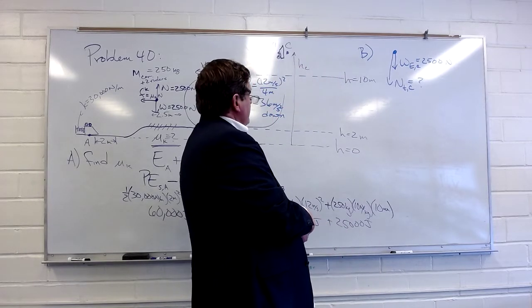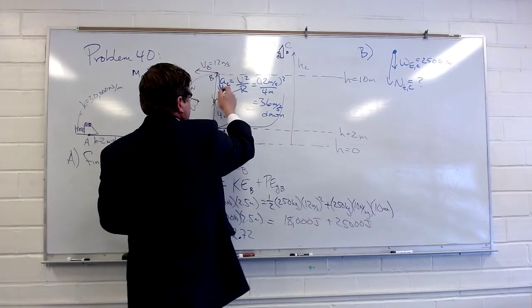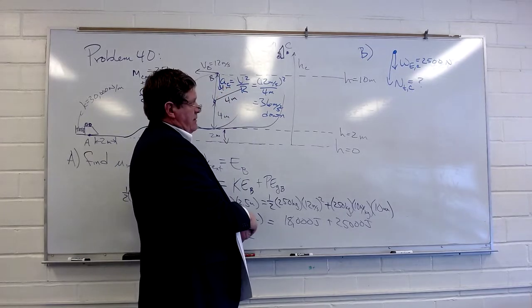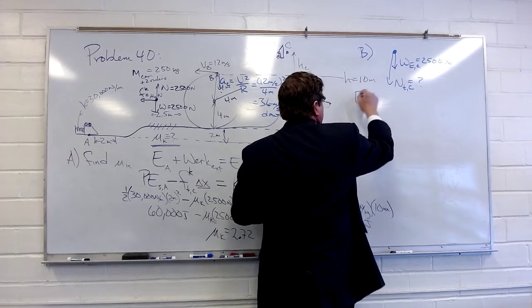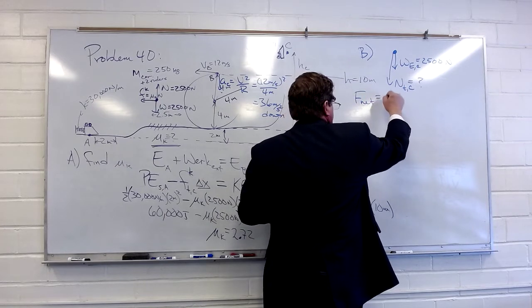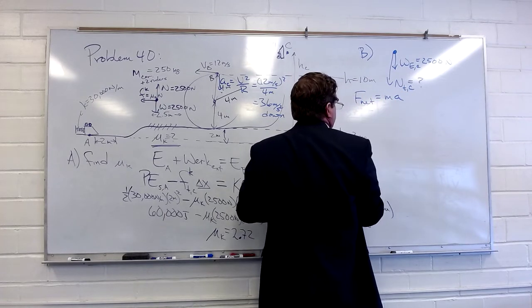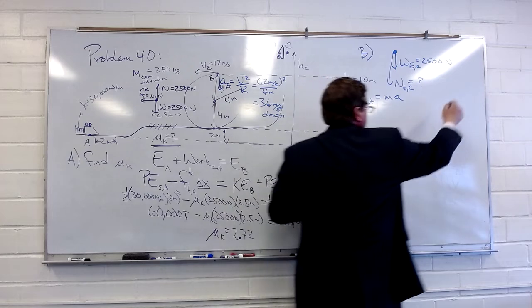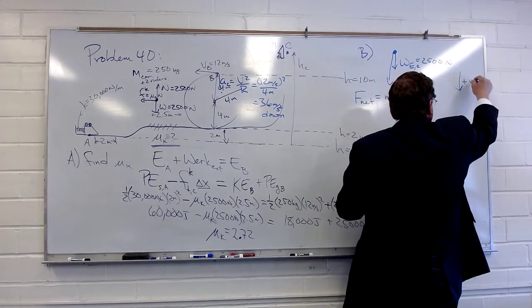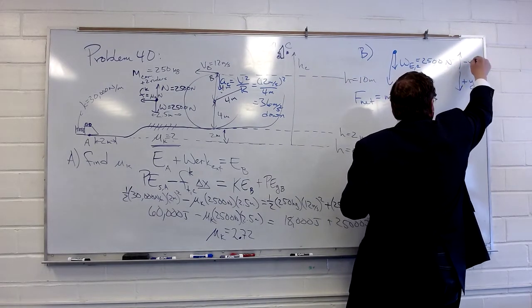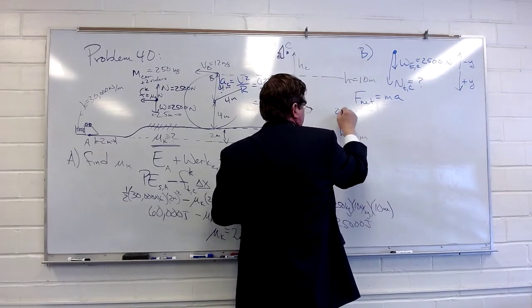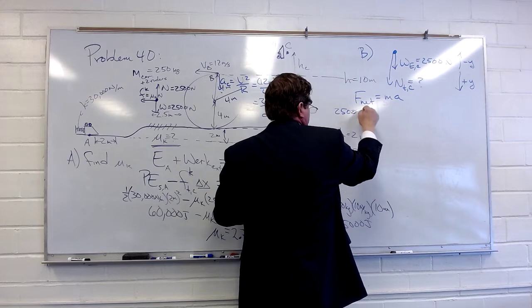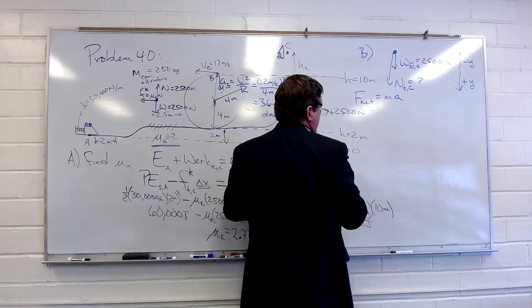Well, my diagram should scream down because my acceleration is down. But how loud should it scream? That's always given by F net equals MA. If I call down the positive y direction, then my F net is just going to be my weight force of 2,500 newtons. That's down, so it's positive.